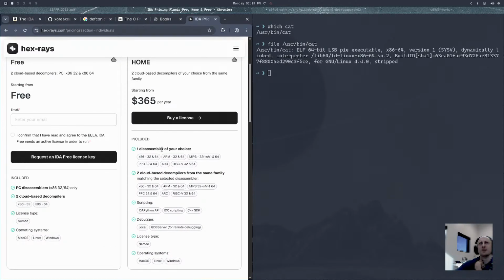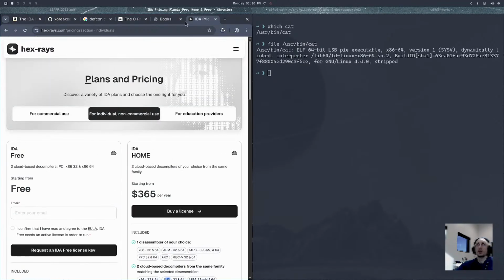And then with this one, I guess you can't disassemble or decompile ARM. You get one disassembler of your choice. That's a bummer. Two cloud-based decompilers from the same family, matching the selected disassembler. So basically I would go with the free route for x86 64, and then if you needed ARM, you would have to pay for it.